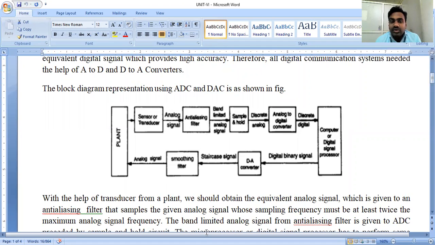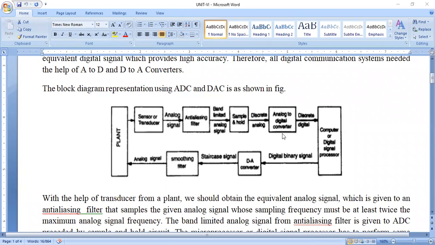So in the concept of this particular data conversion, we can explain the block diagram representation. This is a general schematic. The highlights of this typical application with respect to analog to digital or digital to analog conversion are analyzed with respect to an analog signal. The analog signal is obtained from the transducer.